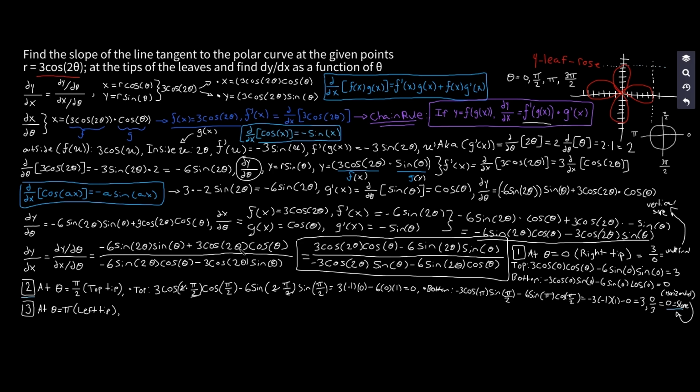That said, let's go through with the analysis of the numerator, and that's going to be 3 cosine of pi times cosine of pi minus 6 sine of 2 pi times sine of pi.